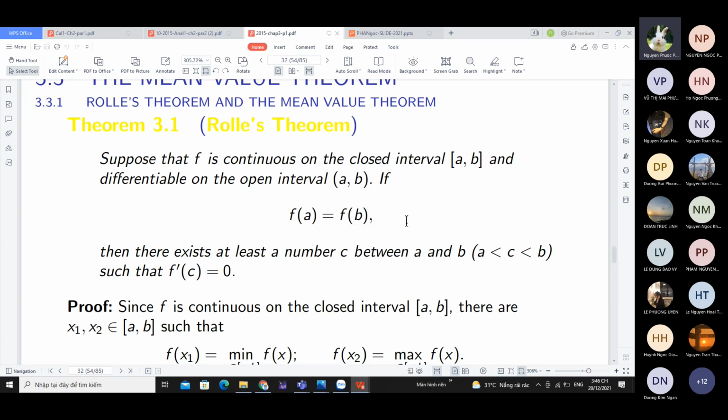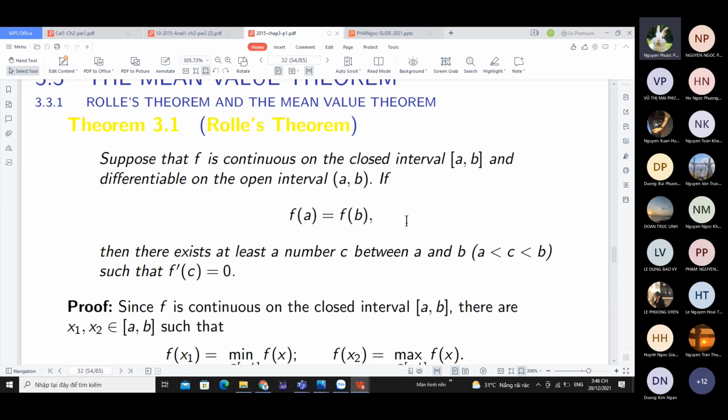All right. So f'(c) equals 0. We can restate this conclusion as: the equation f'(x) equals 0 has at least one root in the open interval (a, b).